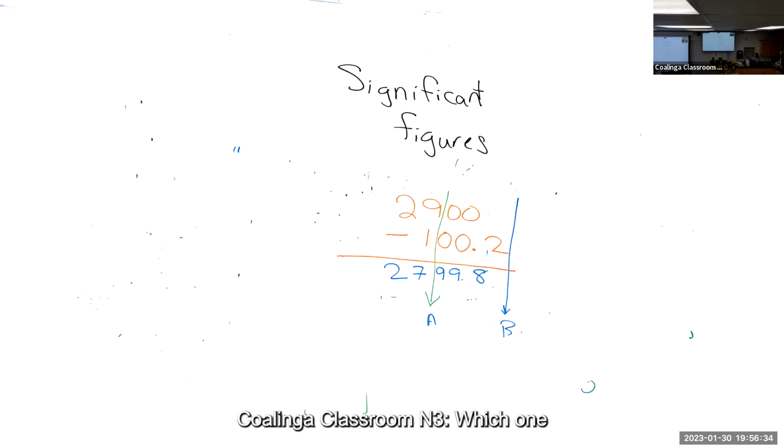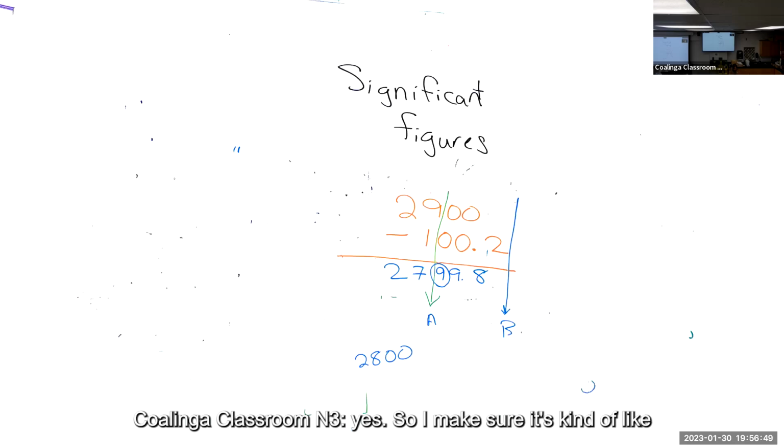The one after 7. Okay, so this one. Okay, so then my answer is $28,800. Okay, good.